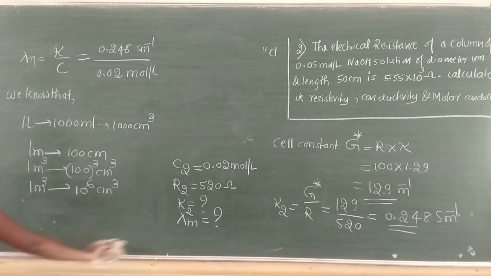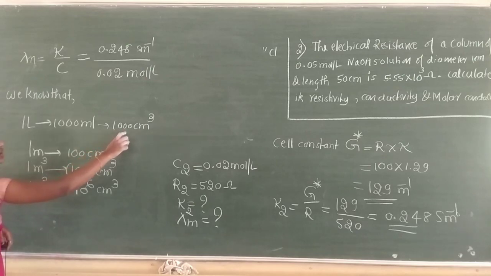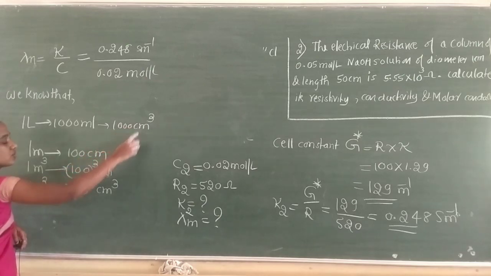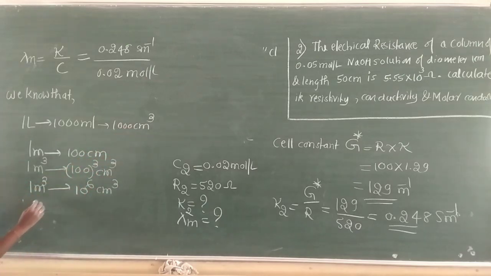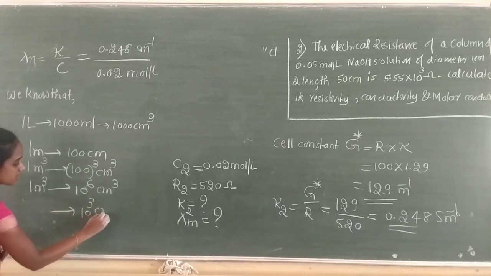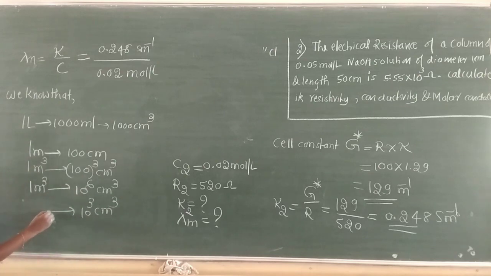Okay, now 1 meter cube is equal to this much. So if 10 to the power 3 cm cube is how much in meters? We can cross multiply here.